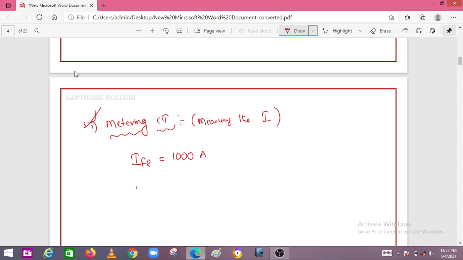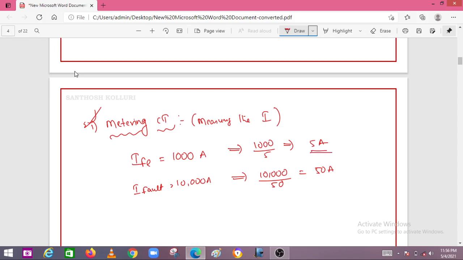For an abnormal condition, that means a fault current, we have taken 10,000 amperes. So what is the ratio of the CT? 1000 by 5 amperes. So the CT current will be 5 ampere. For an abnormal condition, if 10,000 amperes is flowing, then the secondary current will be 50 ampere. Correct. So the metering CT should measure the current only up to the full load current, that means up to 5 ampere only.